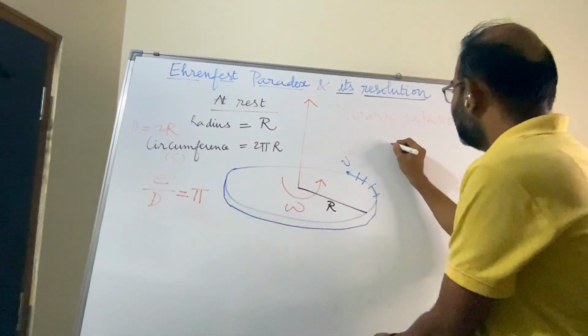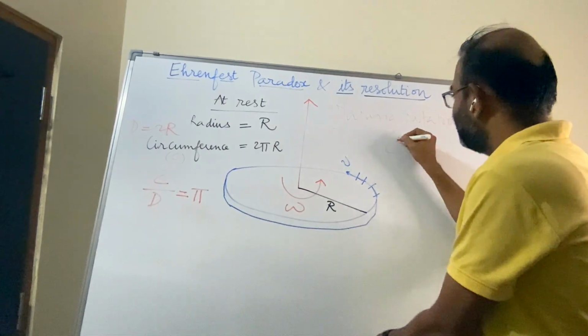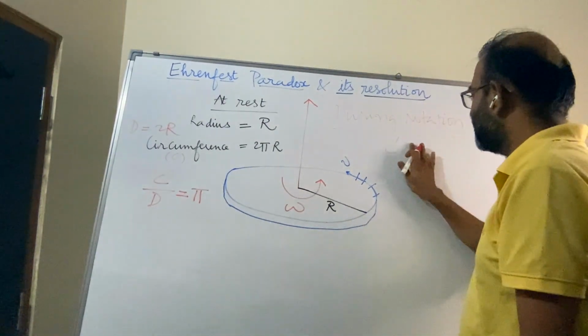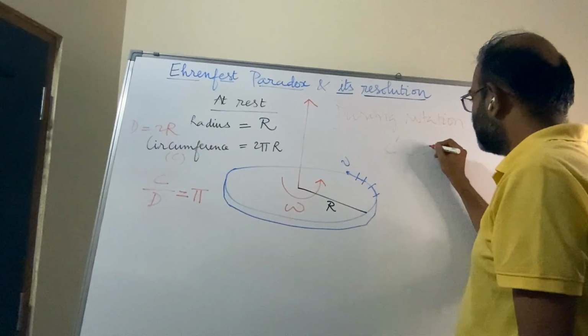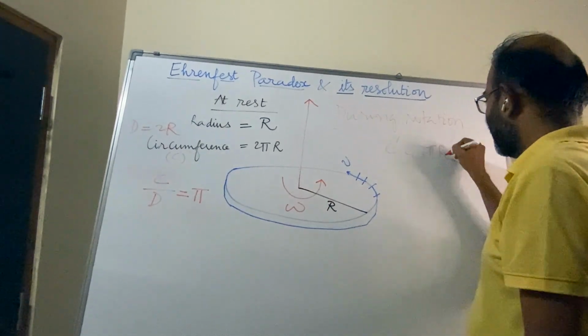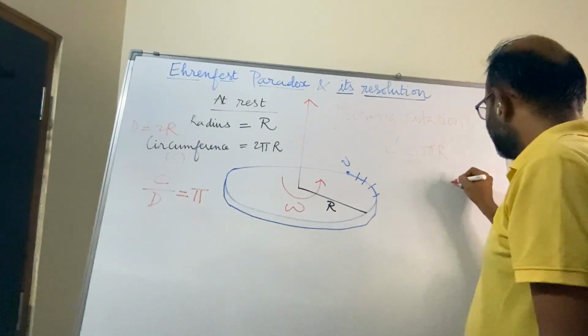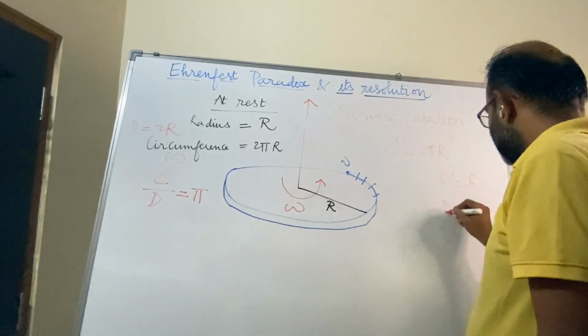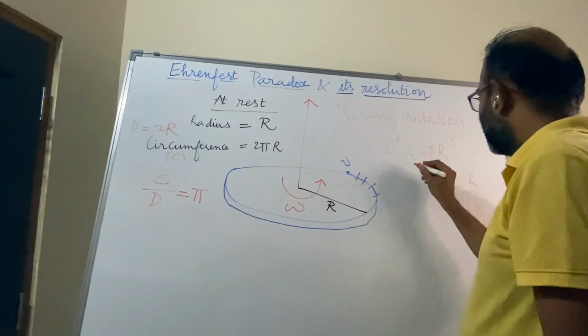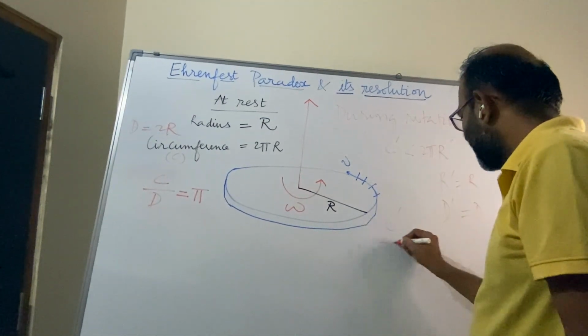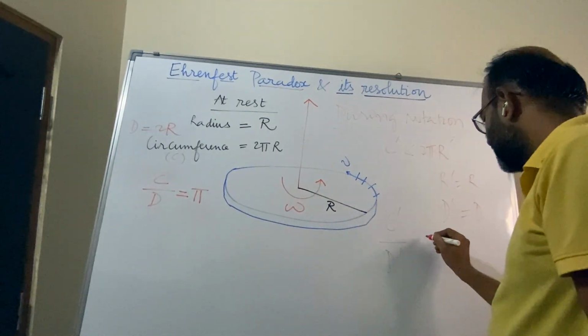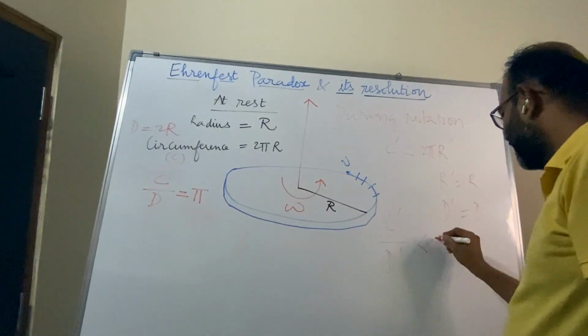Let us call that circumference when it is rotating C prime, and C prime must now be less than 2 pi r prime. Since the radius is not changing, r prime is equal to r, that means d prime is equal to d, and therefore the ratio of C prime to d or d prime is now less than pi.